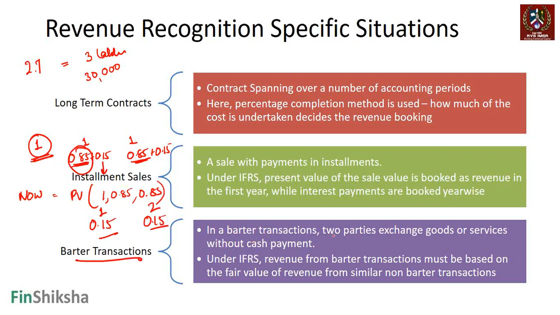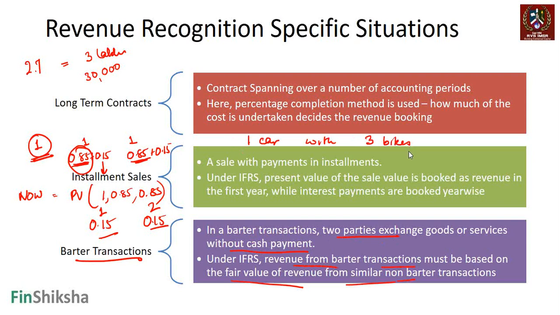Then there are barter transactions where two parties exchange goods or services without cash payment. Under IFRS, International Financial Reporting Standards, revenue from barter transactions is assumed to be the fair value of similar non-barter transactions, right? So let's say I exchange one car with 3 bikes.